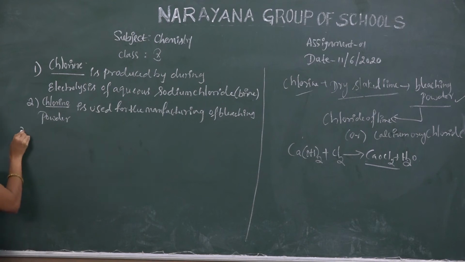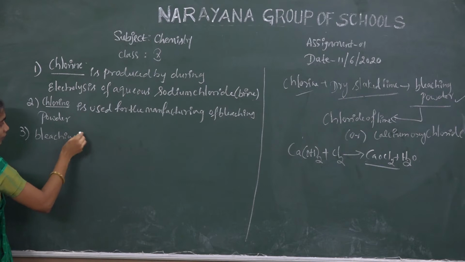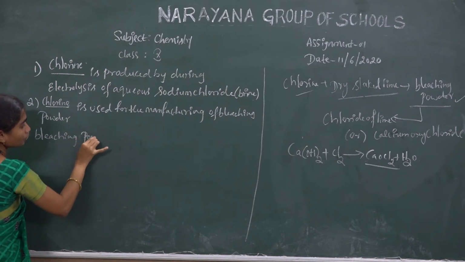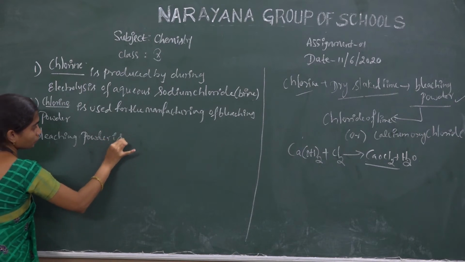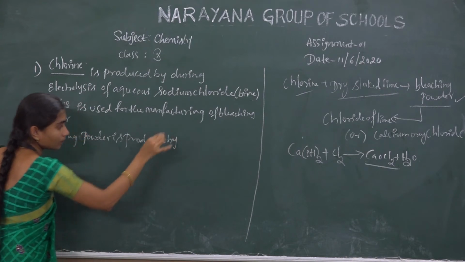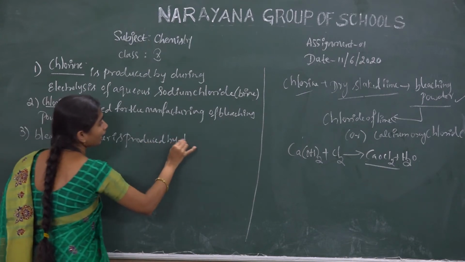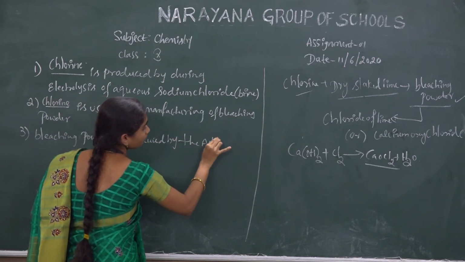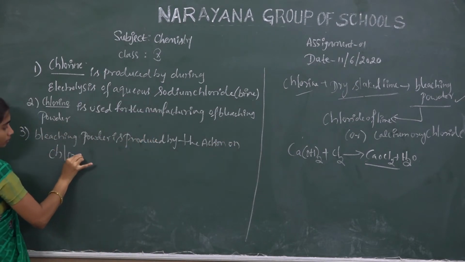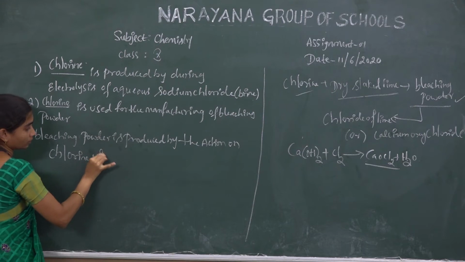The third one: bleaching powder is produced by the action of chlorine with dash.